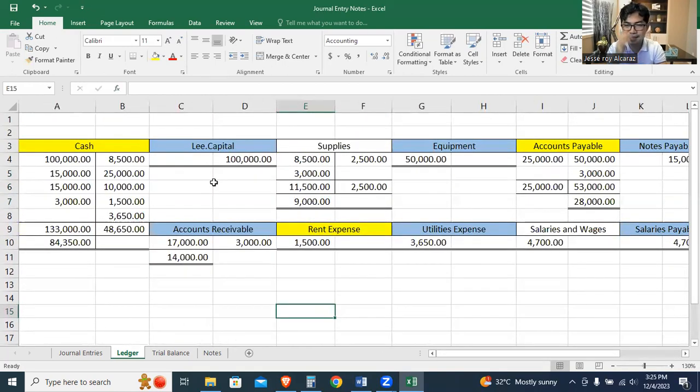Okay, then afterwards, I changed my mind, no? Diretso na ta sa trial balance. We won't, dili na ta mag-pause. Diretso na lang. So, for cash, we use this. This is the last figure. Okay, let's use another column.